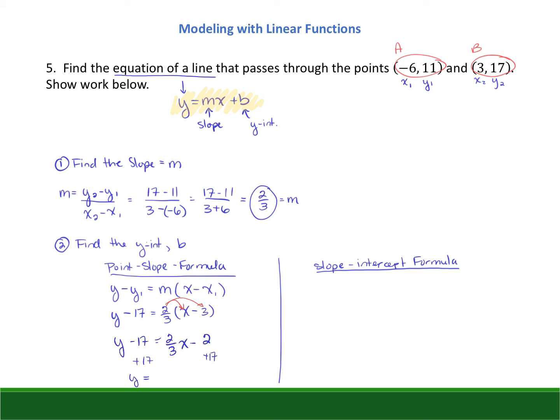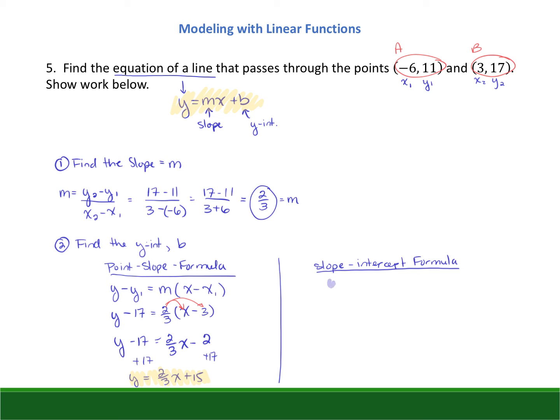So the equation of the line is y is equal to 2/3 x plus 15, final answer. So we can see here that the equation of the line that passes through the points -6, 11 and 3, 17 is y equals 2/3 x, where the slope is 2/3, plus 15, where 15 is the y-intercept.